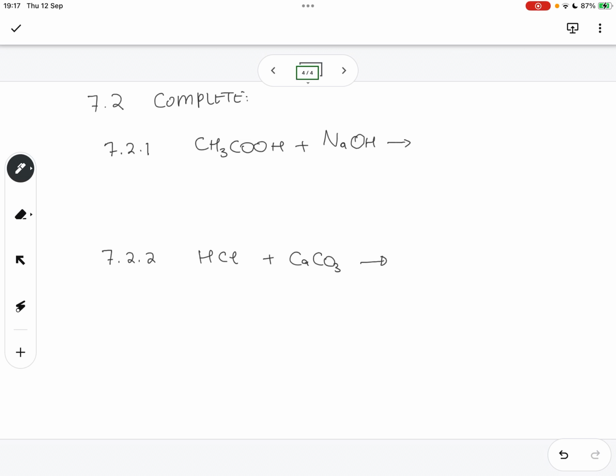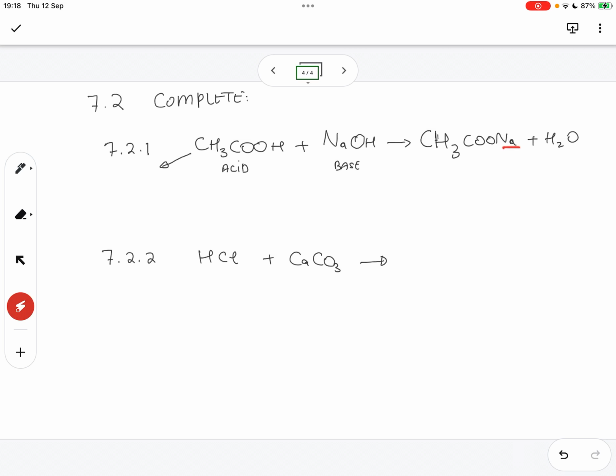Because this is a typical acid and base reaction, this is acid, this is base, they should give us a salt and water. This one is not very straightforward, so I'll just give you a hint, because in organic chemistry you'll understand better how it works. But the long story short is that it gives the following product, and it also gives water.